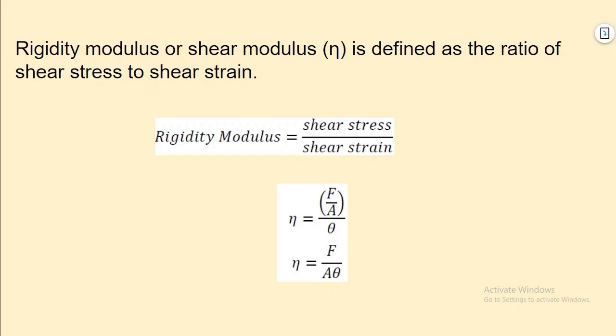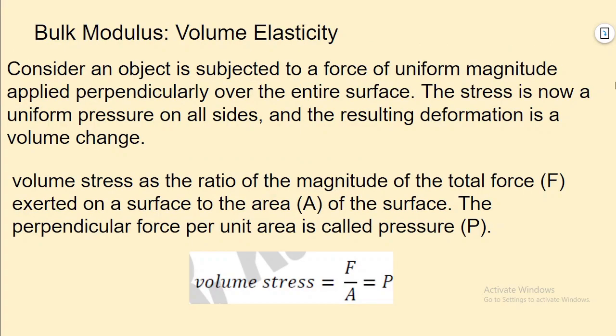As we discussed earlier, this type of change in volume happens only when the forces act perpendicular to the surface. The perpendicular force acting per unit area is the pressure.